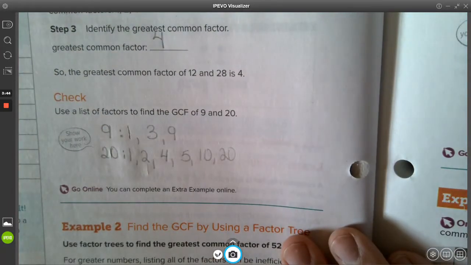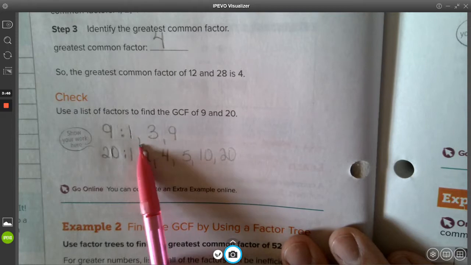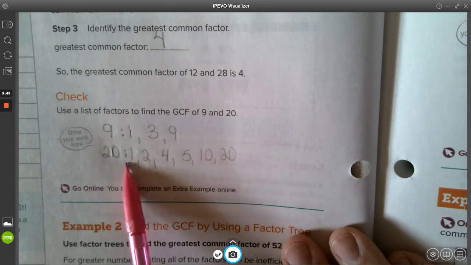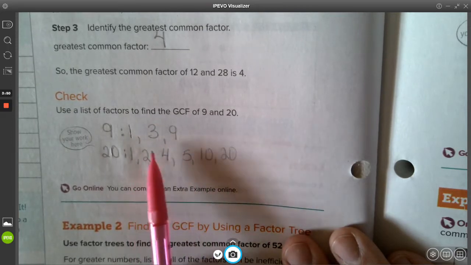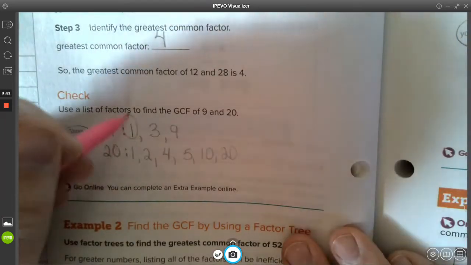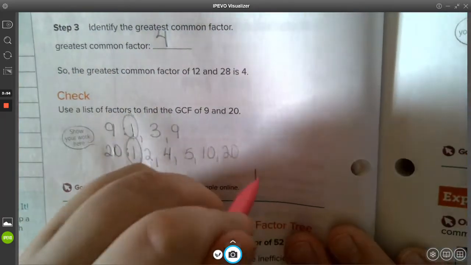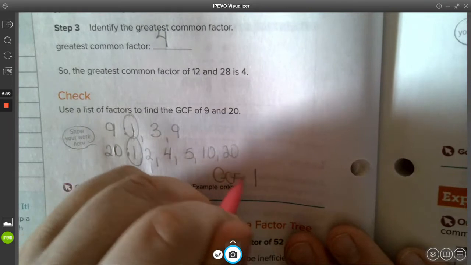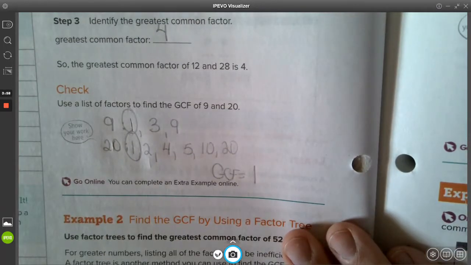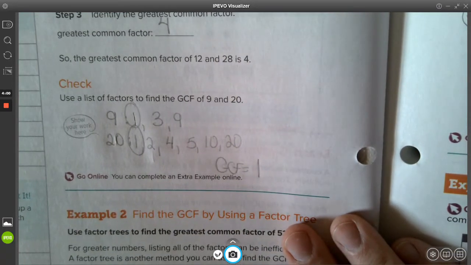And we see if anything is shared. Remember, I said take the shorter list and start there. Is 9 in any of this? No. Is 3 in any of this? No. Is 1? Yes. So 1 would be your greatest common factor. And it is possible that 1 might be the only common factor.